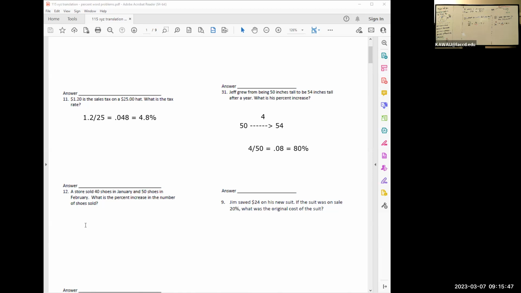So that tells me that I want to know the difference over the total, right? So in this one, we used to sell 40. And now we sell 50. So the difference is 10. So this is 10 divided by what we originally sold. Okay. So that's equal to 0.25, it's equal to 25%.